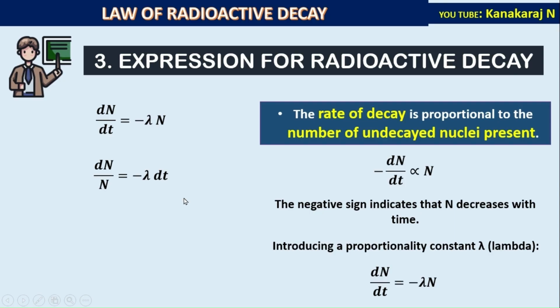Integrating on either side, we get integration from N0 to N of dN upon N equals minus lambda integration from 0 to t of dt. On the left hand side, we get log N, with lower limit N0 and upper limit N. N0 is the initial number of atoms. Integration from 0 to t of dt is simply t.